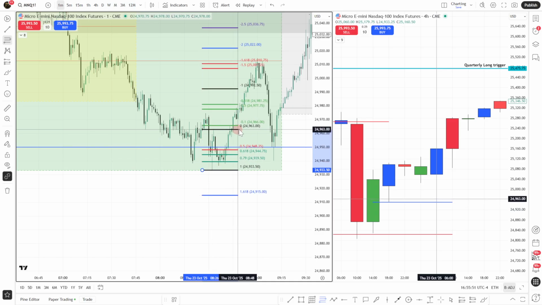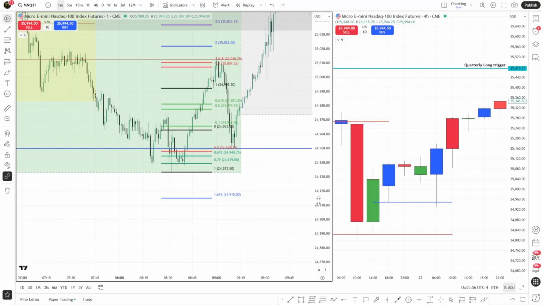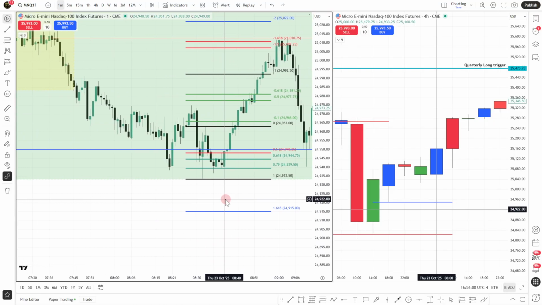But these mechanical entries give you a reference point to take very good entries and risk not a lot.